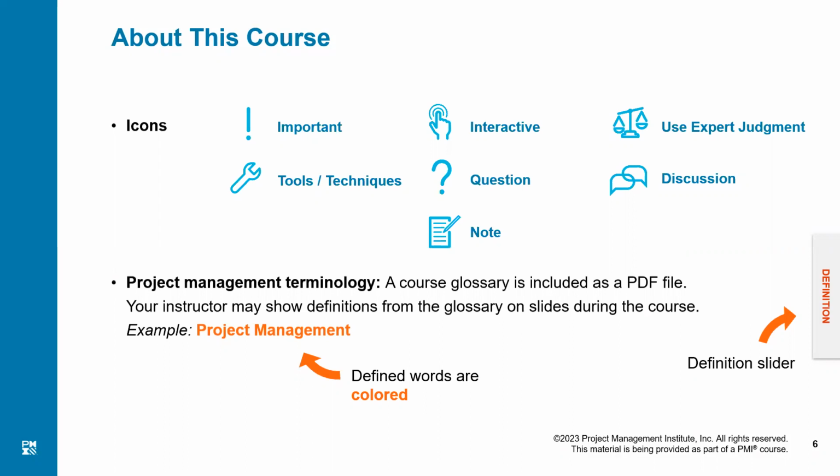For example, the exclamation mark there points to emphasis of importance. Something very important, pay attention. You have the spanner there, it's all related to tools and techniques. That means they're discussing tools and techniques in processes. When you see the interaction finger pointing there, you know it's calling for interactivity.